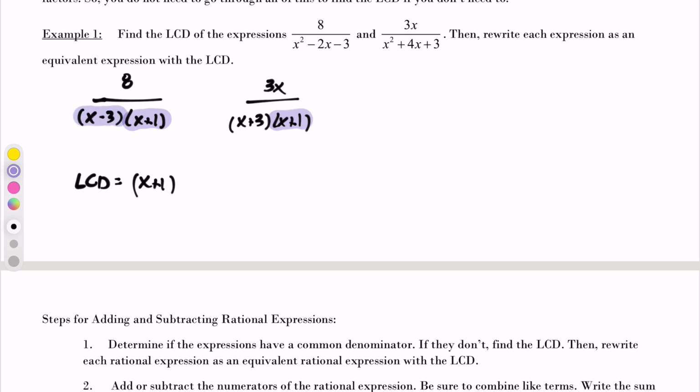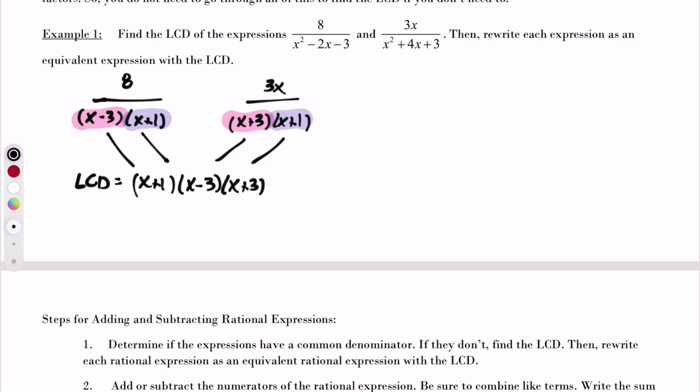So I see an x minus 3 and an x plus 3. So I need to incorporate those as my LCD. And I hope it's apparent that both of these denominators would now divide evenly into this LCD. They're both factors of the LCD.